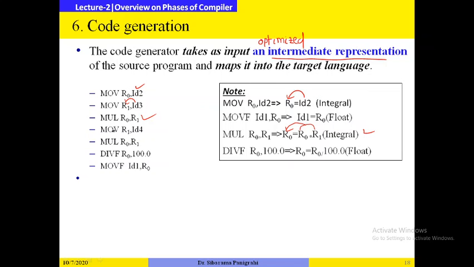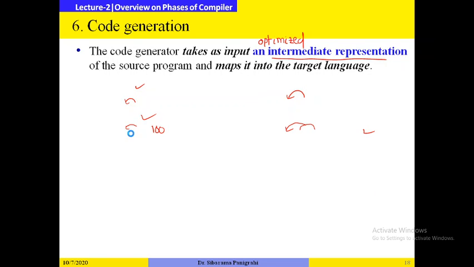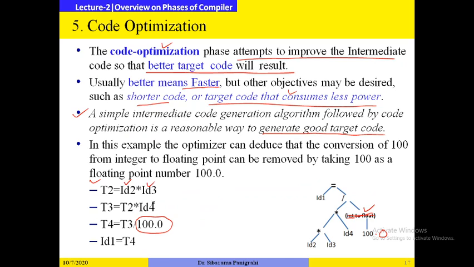Next, MOV R1, ID4. So ID4 will be transferred to R1. No, sorry, let me go through the previous example. ID4 is not 100.